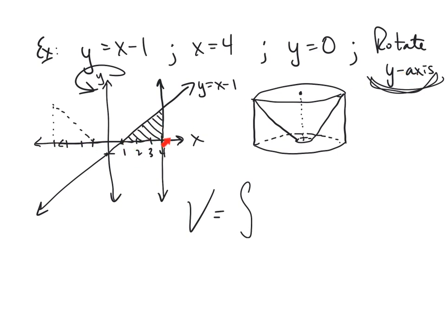So now let's go to the x-axis. Where would the innermost layer of paper towels be? It'd be just a really crazy skinny layer, but the innermost layer of paper towels would be at 1, and then we'd go out, out, out, and then the outermost layer would be at 4. So what we're going to be doing then is integrating from 1 to 4.